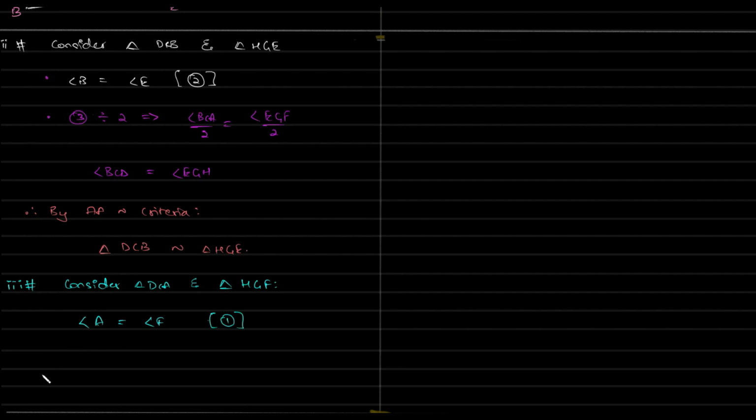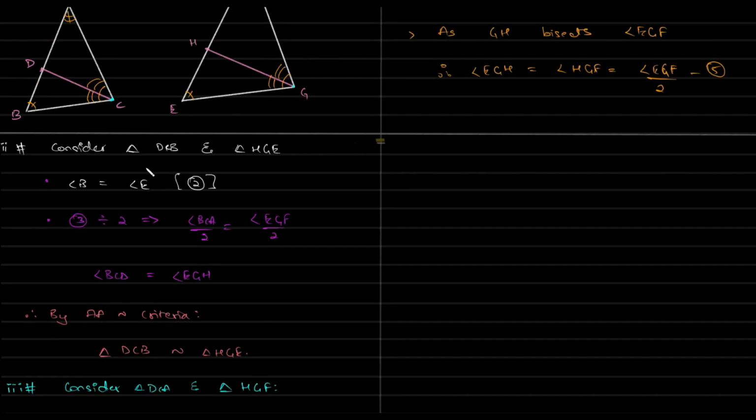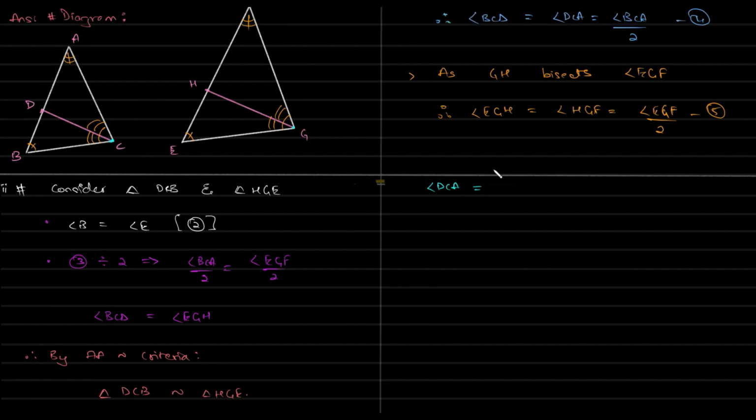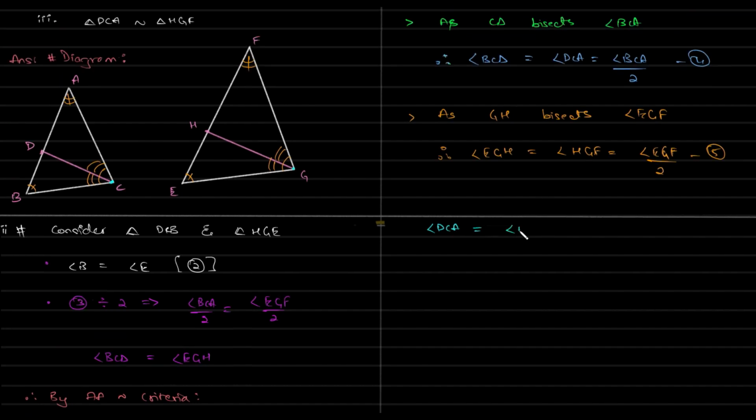Then same thing, equation 3 divided by 2, which gives me angle BCA by 2 being equal to angle EGF by 2, right? So half of BCA is DCA. Angle DCA is equal to angle HCF, right?